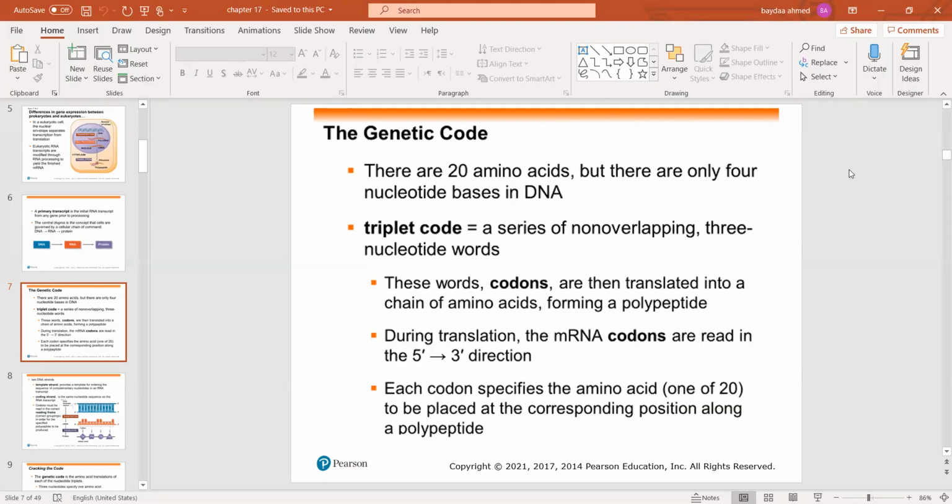When biologists began to suspect that the instructions for protein synthesis were encoded in DNA, they recognized a problem. There are only 4 nucleotide bases to specify 20 amino acids. So how many nucleotides would turn out to correspond to an amino acid?